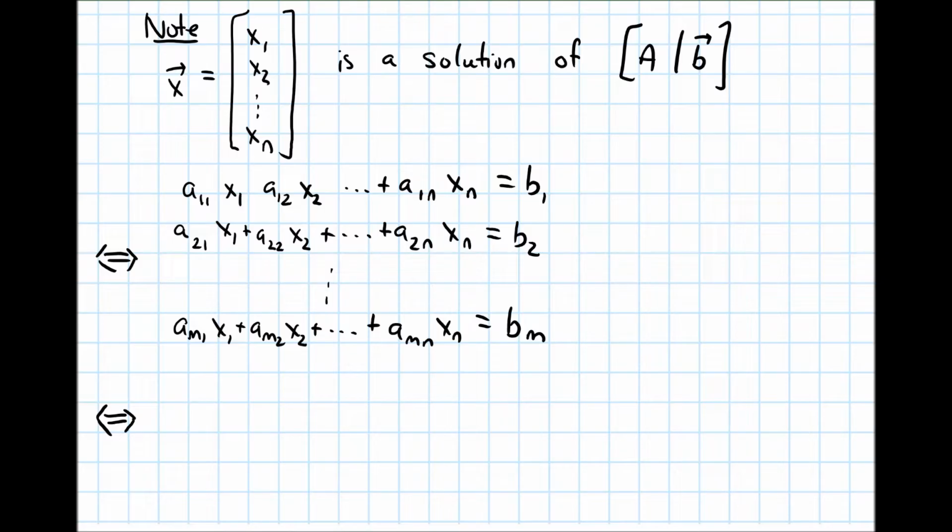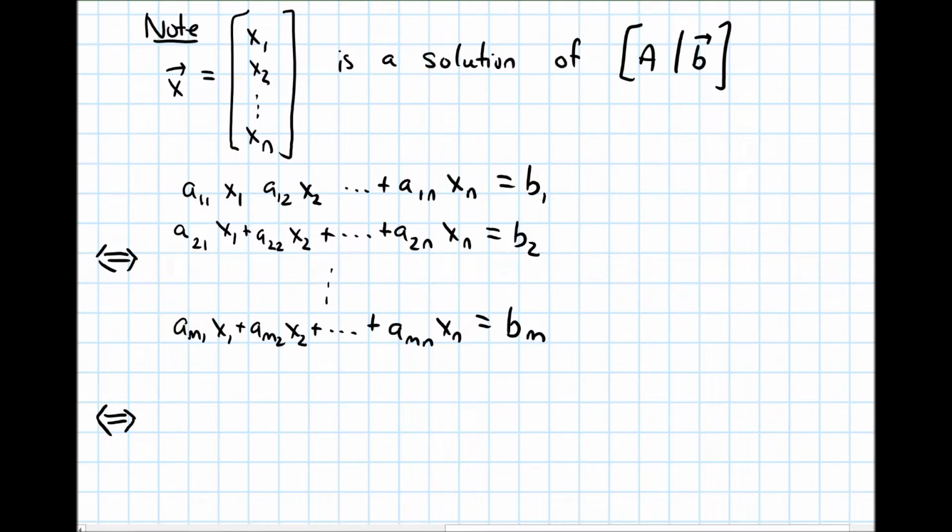What it means for this vector to be a solution of this system is that when I plug in x1, x2, up until xn, whatever those numbers are, in the spot of the variables, it satisfies my equations. I've written that underneath here.